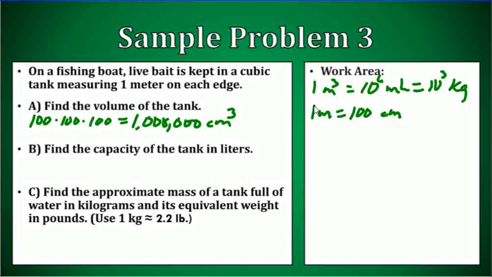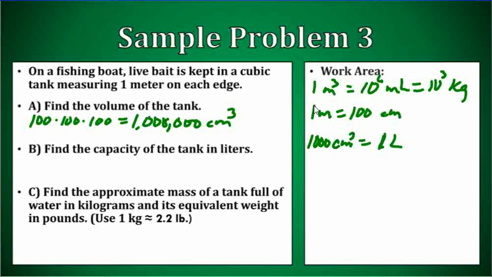Part B says find the capacity of the tank in liters. So now I have to go back and figure this out with liters. I know that 1,000 cubic centimeters is the same as 1 liter. And I have 1,000,000 cubic centimeters.